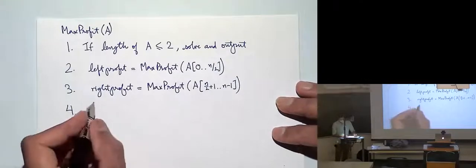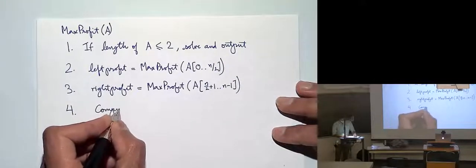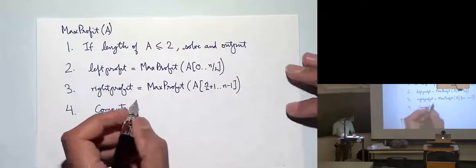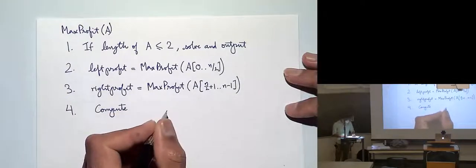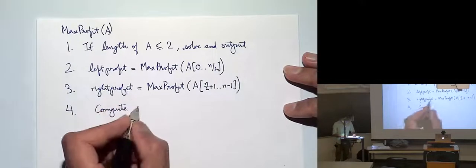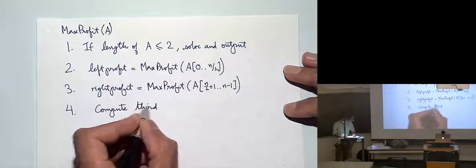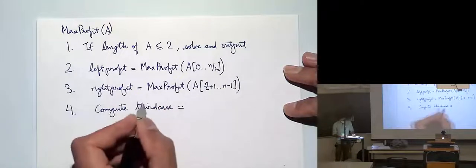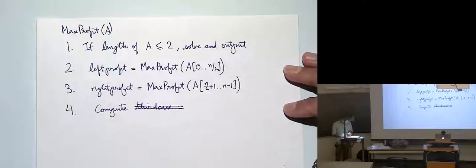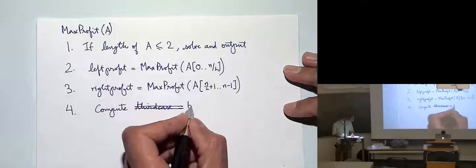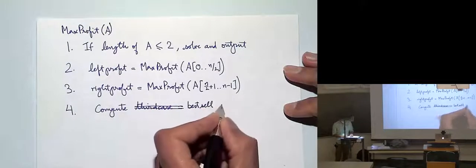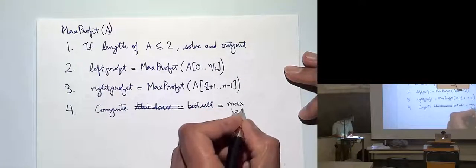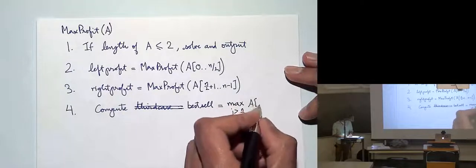Then let's say compute, for lack of a better word, I will just call this the third case. So maybe I'll say compute the best sell, which is the max over j greater than n over 2 of aj.